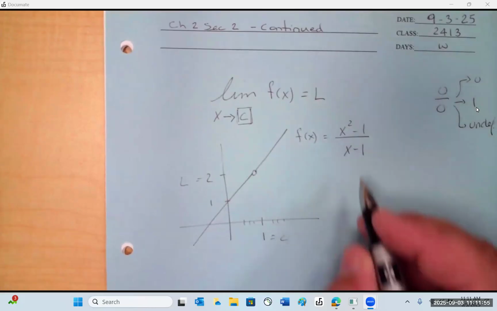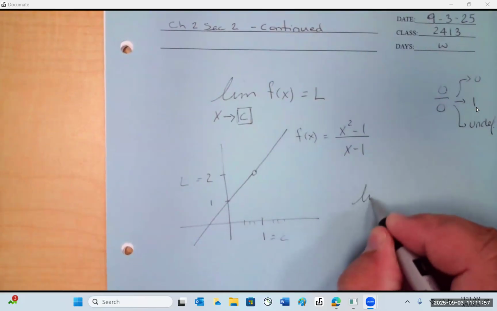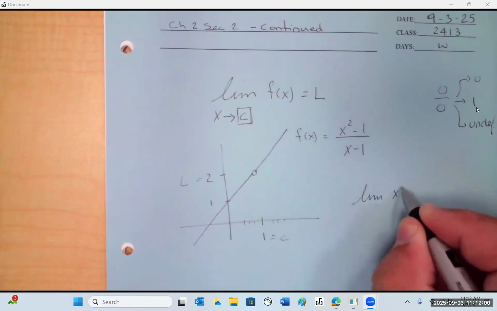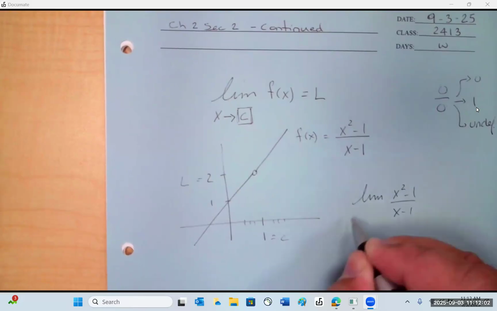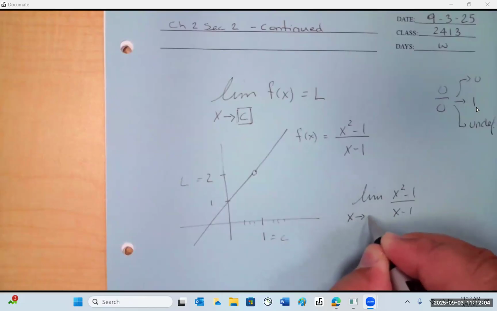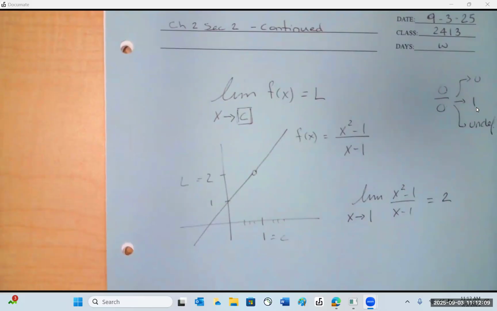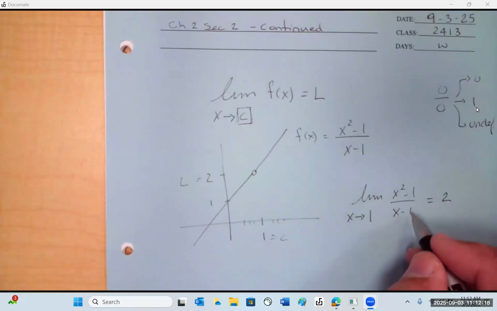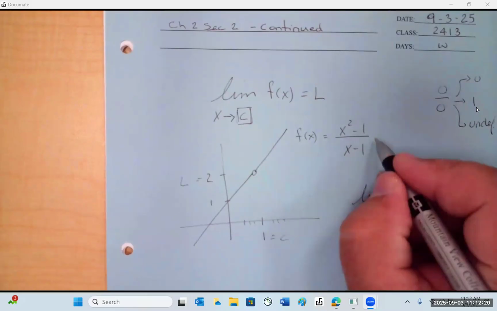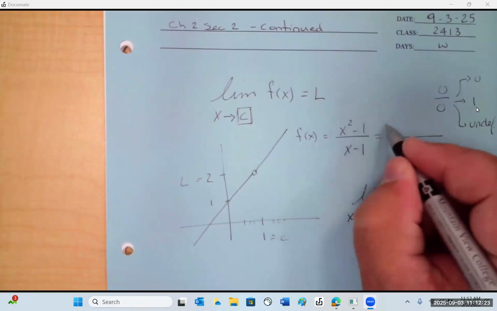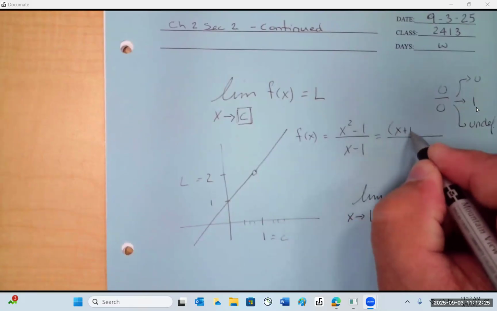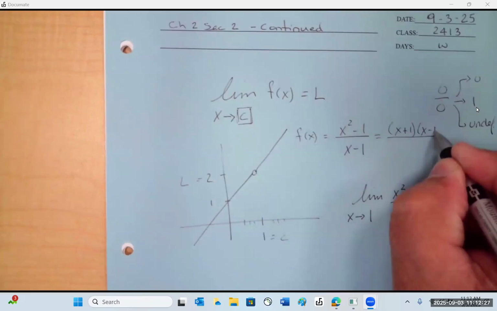Now, we know that in this case, the limit of x squared minus 1 over x minus 1 as x approaches 1 equals 2. Why does it equal 2? Well, the way we figured out last time was we took the equation and factored the numerator.